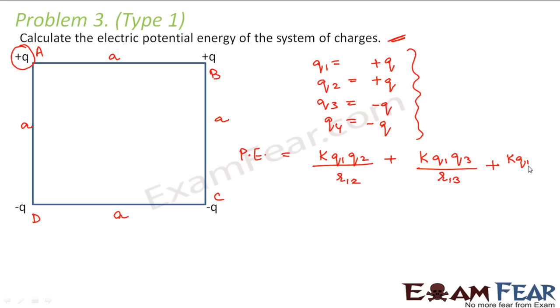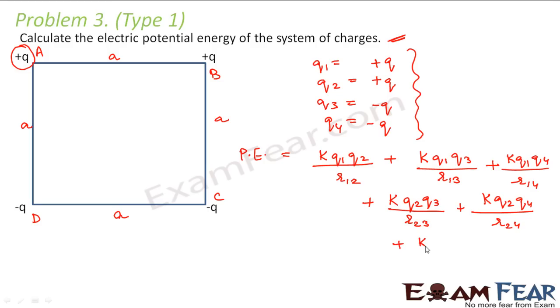Now Q1 with Q4: Q1 Q4 divided by R14. Now start considering Q2. Q1 will not be included because Q1 Q2 is already included. So Q2 Q3 divided by R23 plus K into Q2 Q4 divided by R24. Even this Q2 is done.